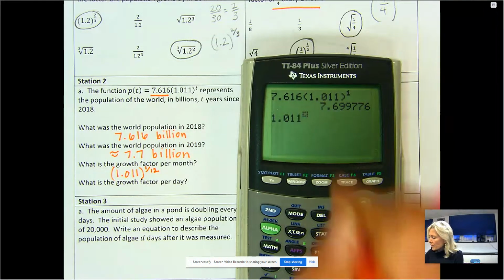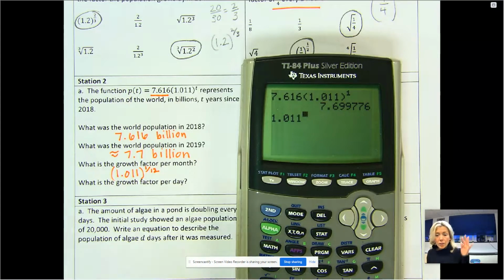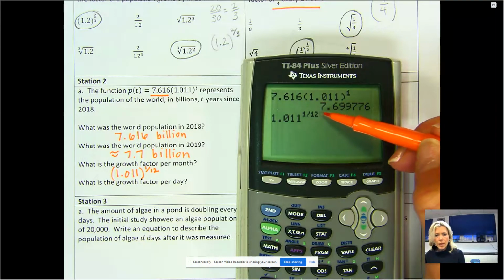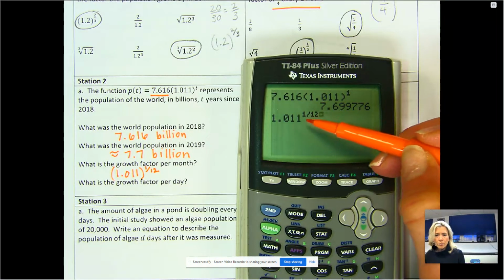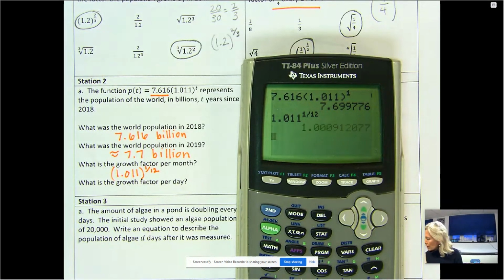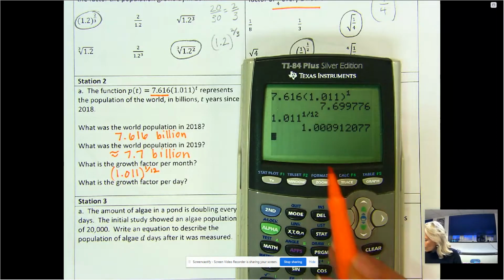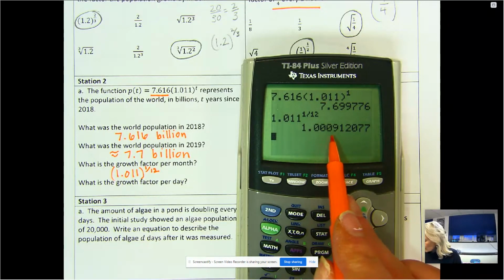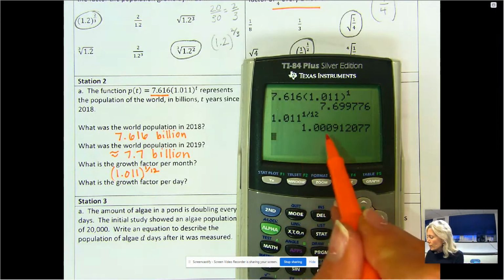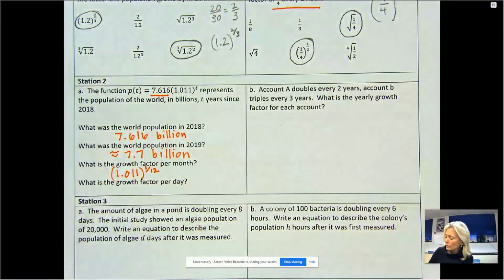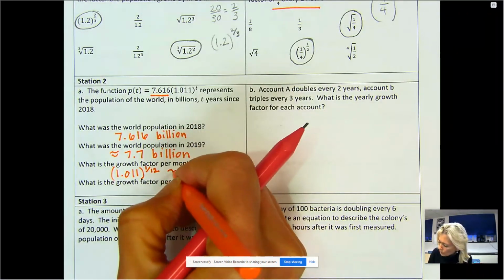Remember, if you've got that TI-83 calculator, you need to put parentheses around an exponent when it's a fraction. If you have the TI-84 and it raises the exponent up here, you don't need parentheses. So about 1.001.